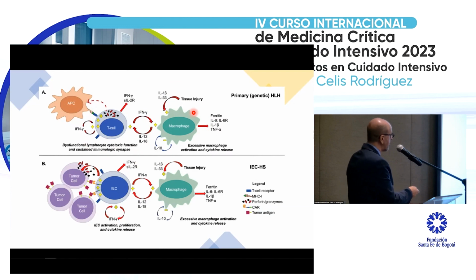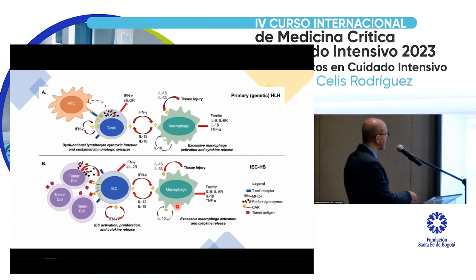In the case of the secondary HLH, what you have here, you inject all these cells and they come ready to kill the tumor that they were prepped for. So they enter the blood circulatory system and immediately go looking for all these tumor cells and immediately start a cytokine storm with interferon gamma release, macrophage activation, release of all these cytokines.